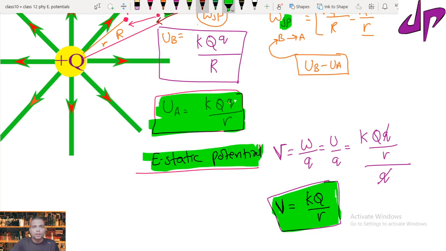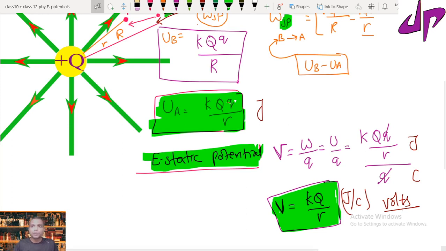If you write its units, potential energy is in joules, and you are dividing joules by charge in coulombs, so it becomes joules per coulomb. Joules per coulomb we term as volt. So the unit of electrostatic potential is volts.